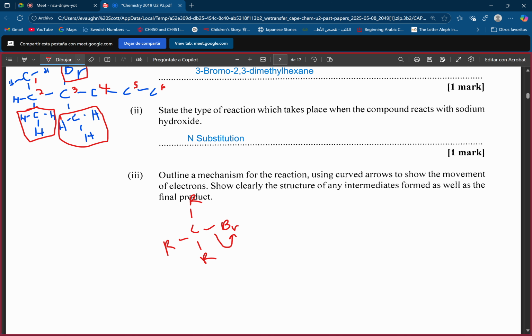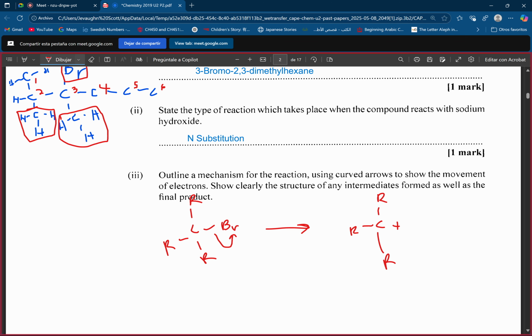That will be the first part, and this is now the formation of the carbocation intermediate. So we're going to end up with a tertiary carbocation, of course, because of a tertiary halogen alkane. Alright? Gonna end up with something like this. Now, it is important to note that we have a preliminary step before we reach here. What would the preliminary step be?